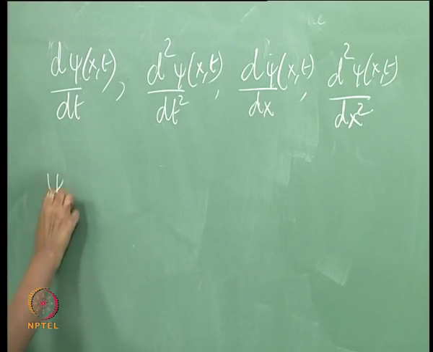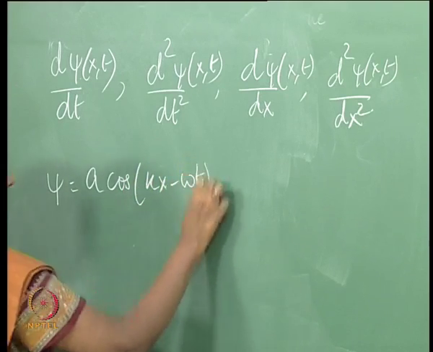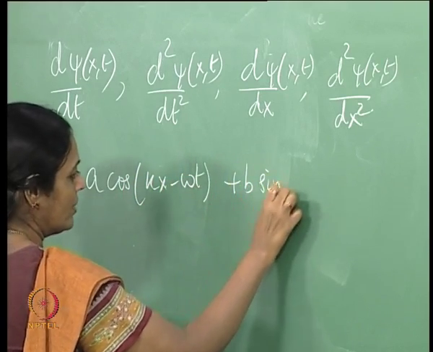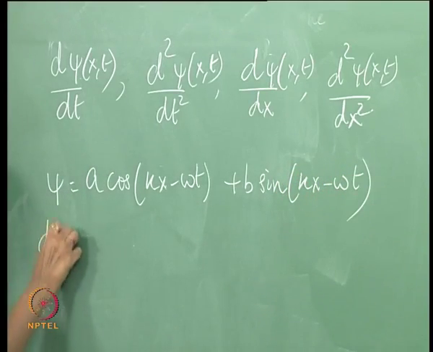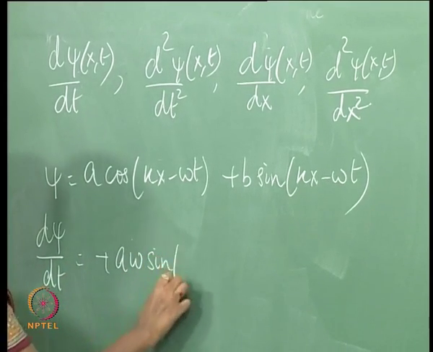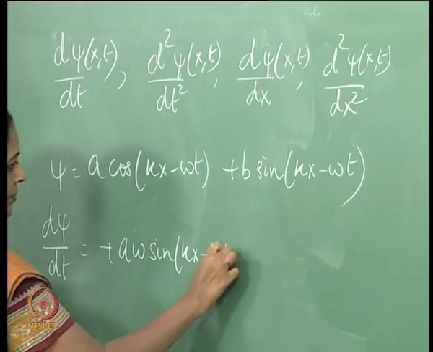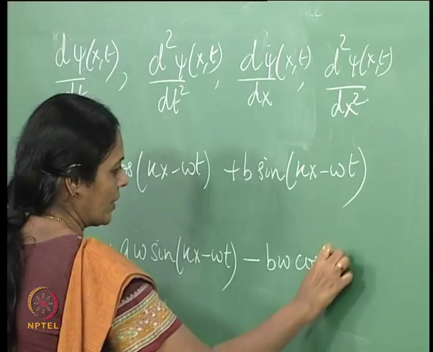So I have psi is a cos(kx minus omega t) plus b sin(kx minus omega t), and therefore d psi by dt is plus a omega sin(kx minus omega t) minus b omega cos(kx minus omega t).